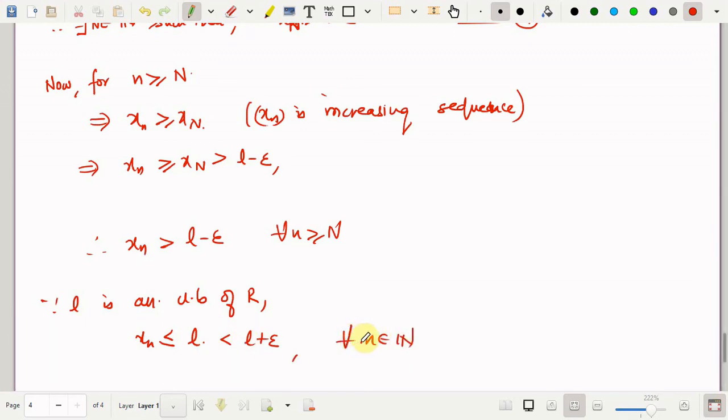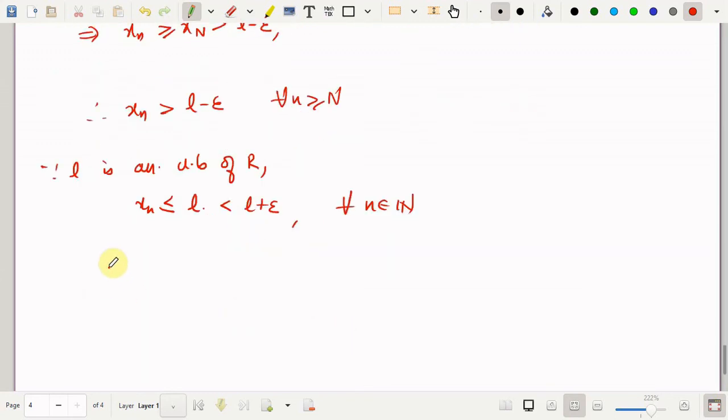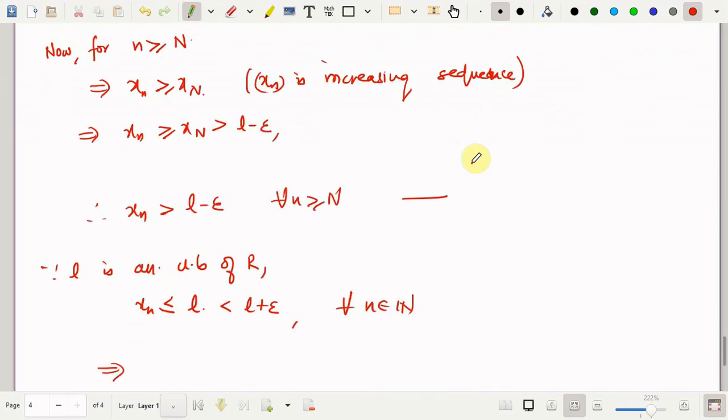Okay, so therefore we have, I'll mark this as 2, xn is strictly less than L plus epsilon.